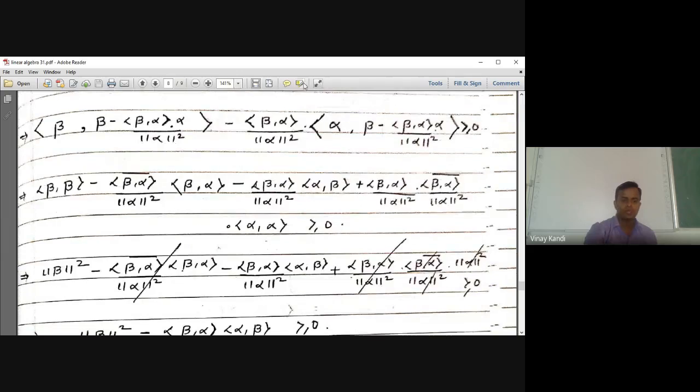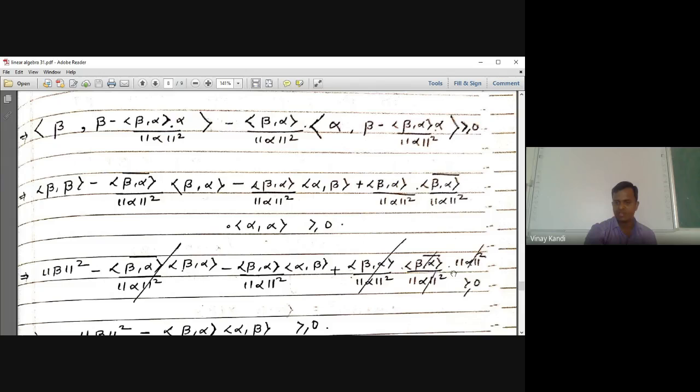So the inner product of beta beta is equal to norm of beta square by the definition of norm. This is the positive value and this is the negative value, so they cancel. This alpha alpha is nothing but norm of alpha square.